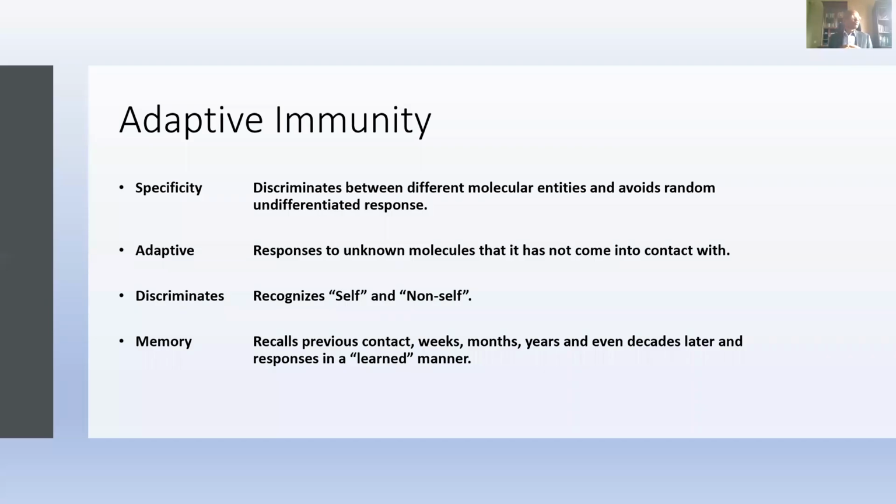Now, the typical characteristics of adaptive immunity: the first is specificity. It is specific for each antigen. It doesn't act the same for different antigens, and it is able to discriminate different molecular entities. So it is not a random mechanism. It is guided by the pathogen which you encounter.